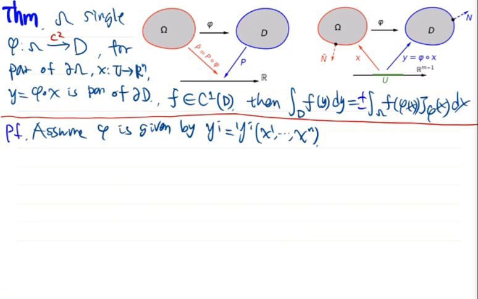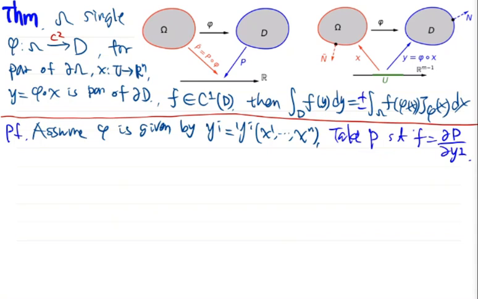Then we take a continuously differentiable function p such that f is the partial derivative of p with respect to y1. Because f is C1, such a p exists.